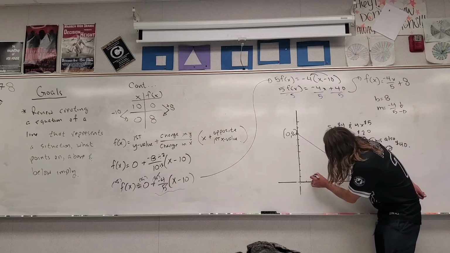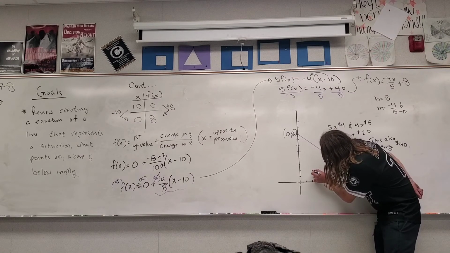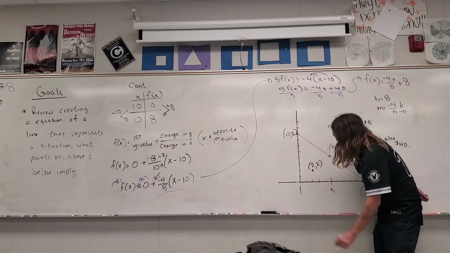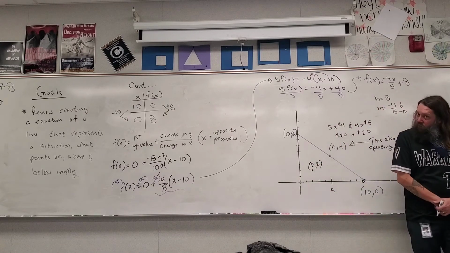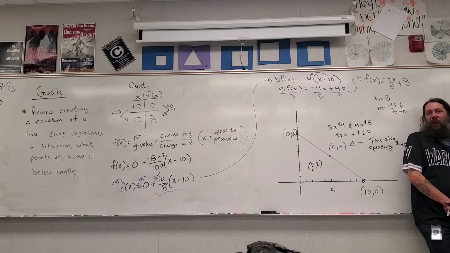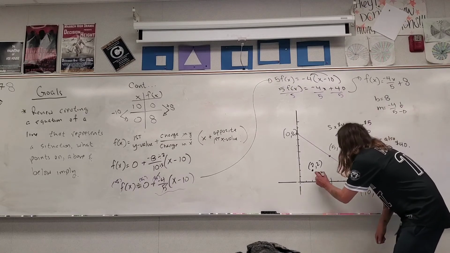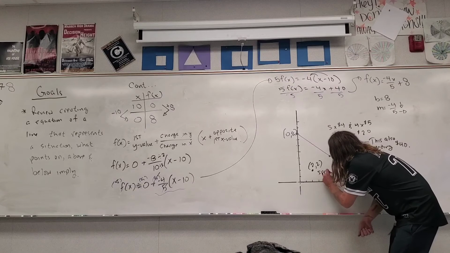So, for example, if I pick the point 2, 2, that means that I bought 2 $4 hats and 2 $5 masks. So this right here, this represents spending $18.